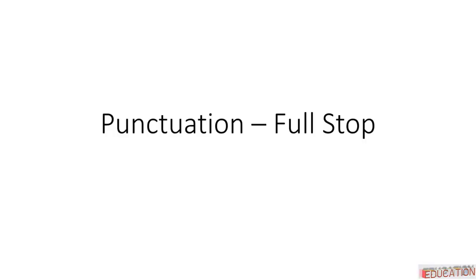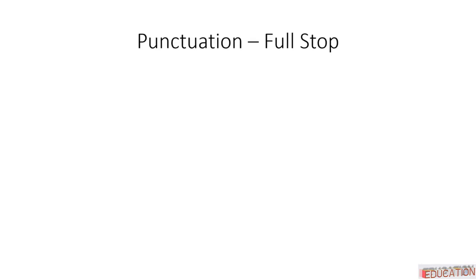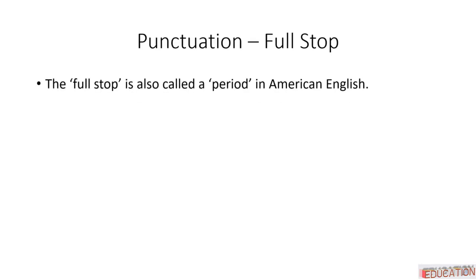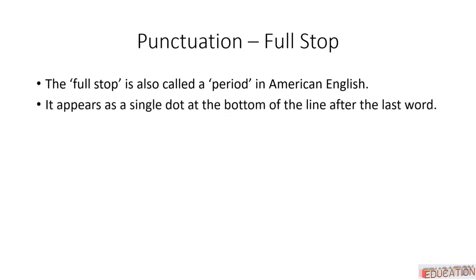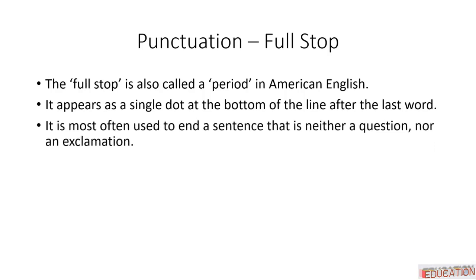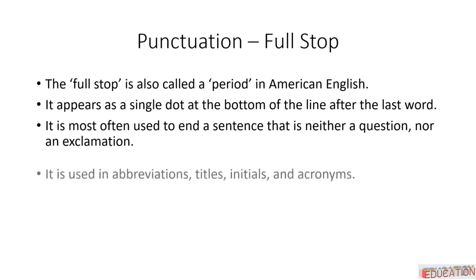This lesson is on the full stop. The full stop is also called a period in American English, and it appears as a single dot at the bottom of the line after the last word, as we see here. It is used at the end of a sentence that is neither a question nor an exclamation.